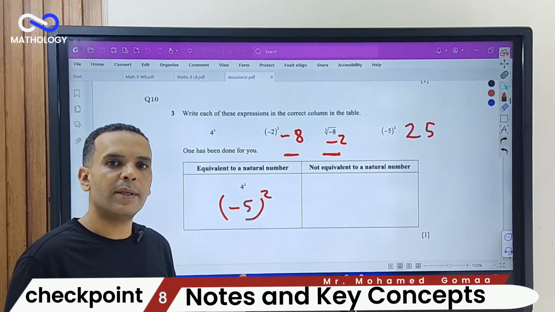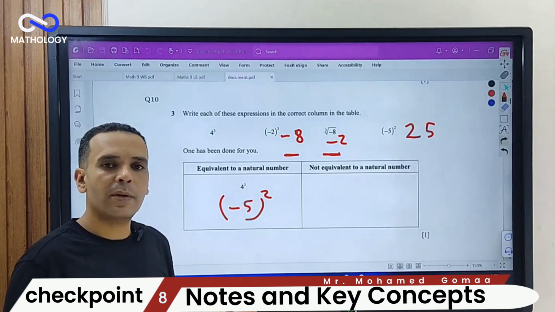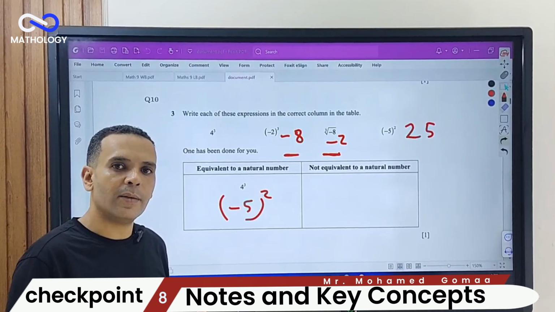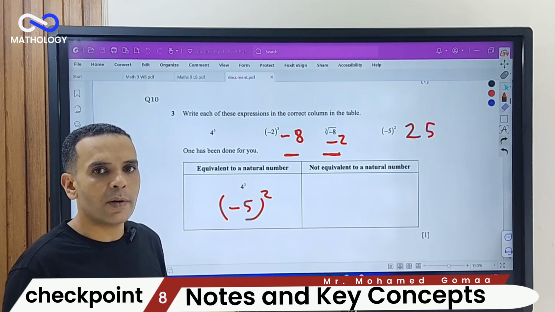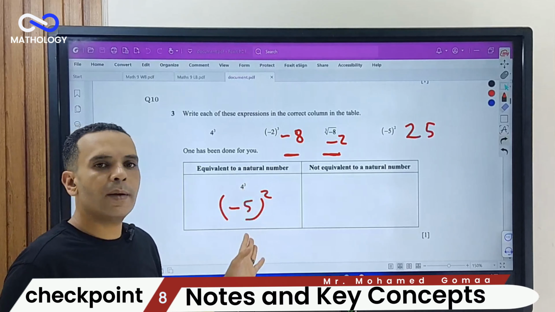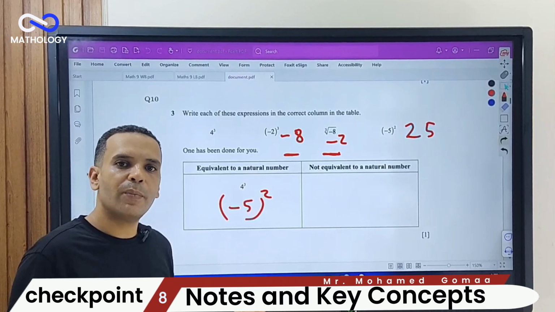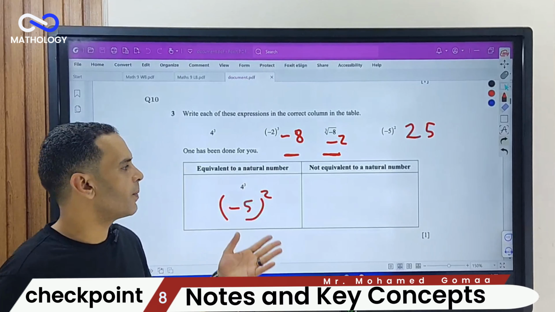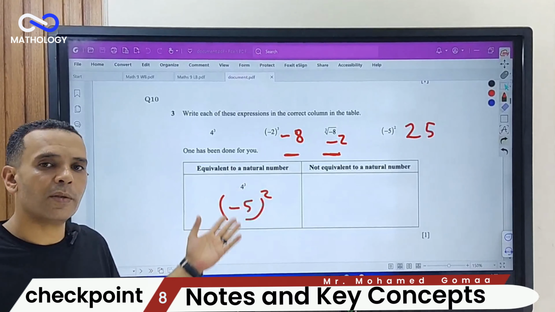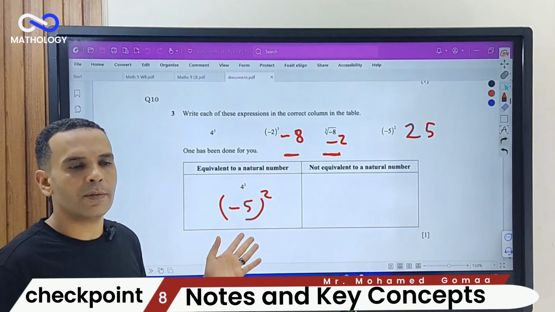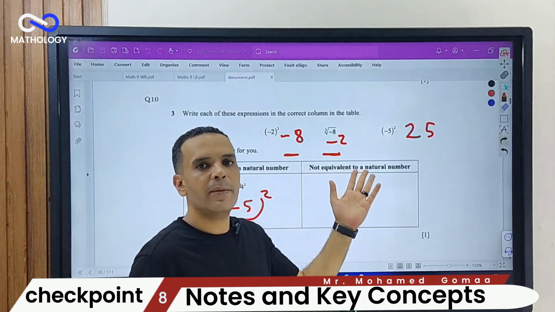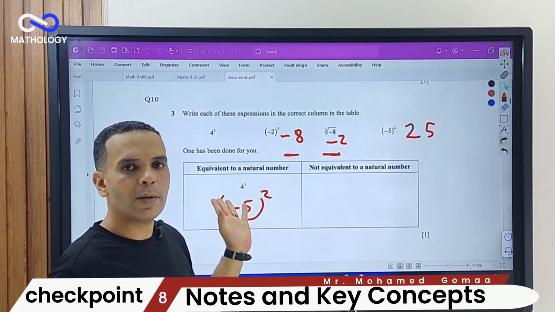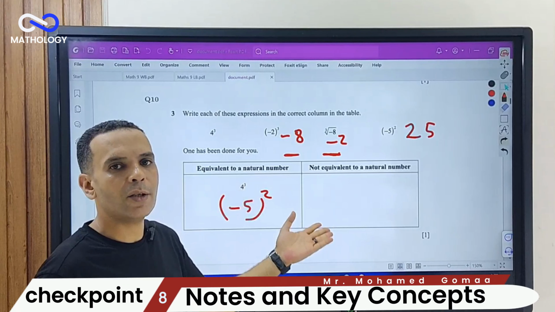Integers contain positive, negative, and 0. 0 is neither positive nor negative. Natural numbers are only positive whole numbers: 1, 2, 3, 4, and so on. To be natural, it must be positive. What about negative? Not natural, but they are integers.